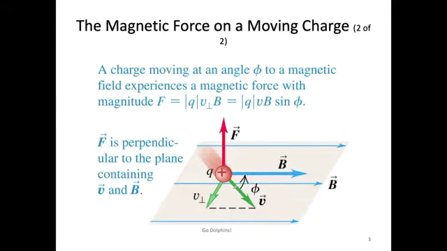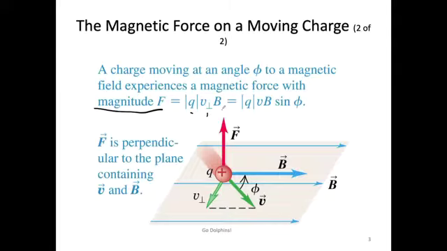Now, if we haven't learned the cross product, let's try to interpret it in another way. The magnitude of the magnetic force is proportional to the charge of the charged particle, the component of the velocity of the charged particle that is perpendicular to B, and the strength of the magnetic field.